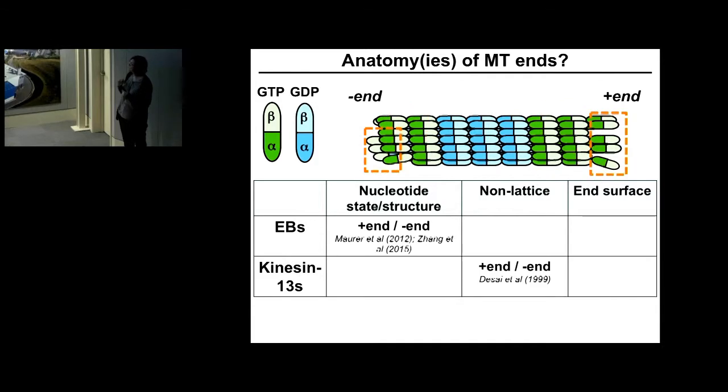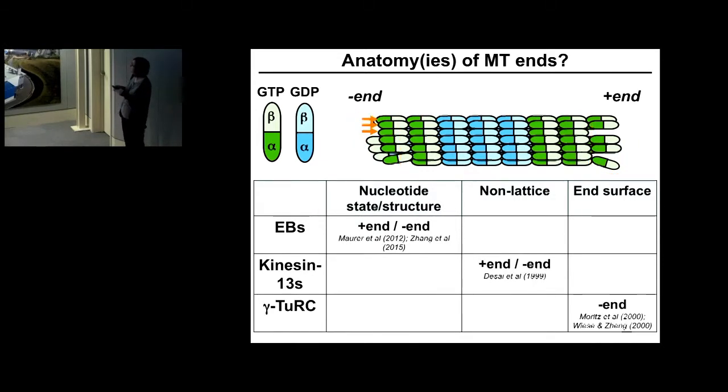In contrast, kinesin 13s, which, as I mentioned, depolymerize microtubules, are thought to recognize some kind of non-lattice endness about tubulin, which is probably some kind of reflection of the flexibility of tubulin that's not held completely in the constraints of the microtubule lattice.